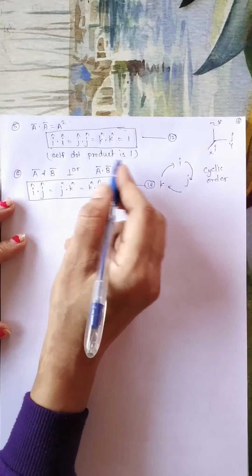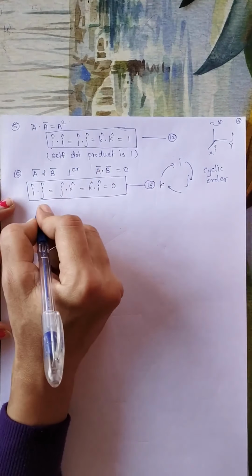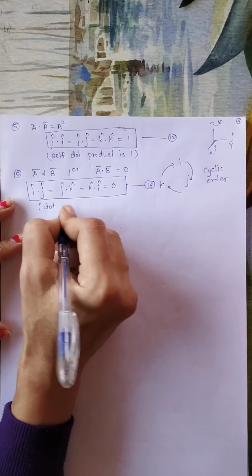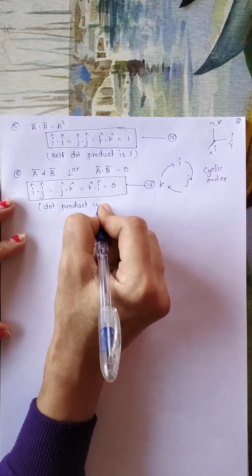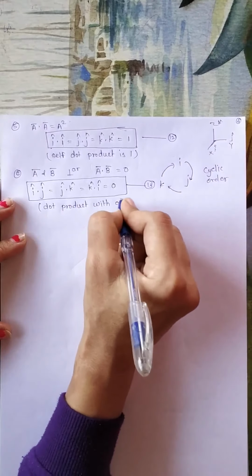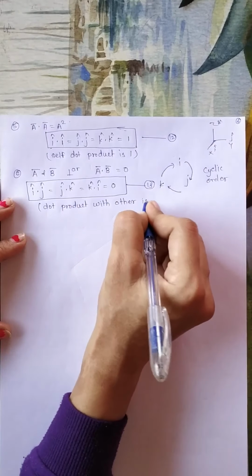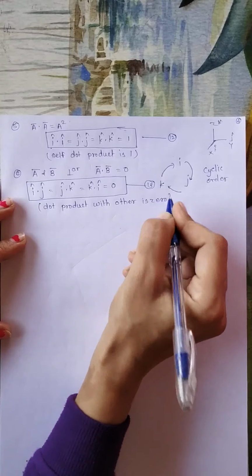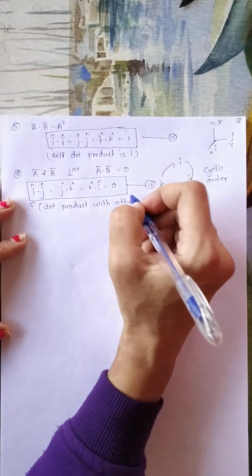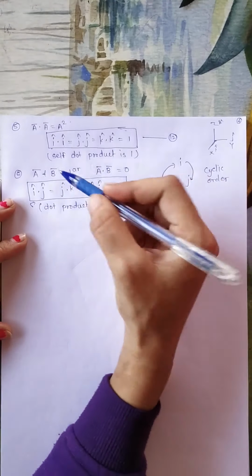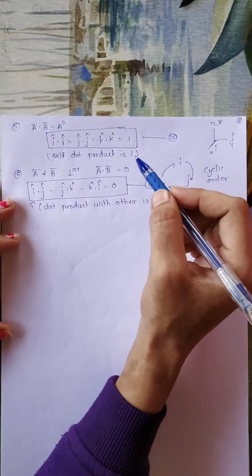In short, how to keep it in mind: dot product with other is 0. This is a simple sentence. To keep these equations in mind, no need to learn these two equations by heart. Self dot product is 1.